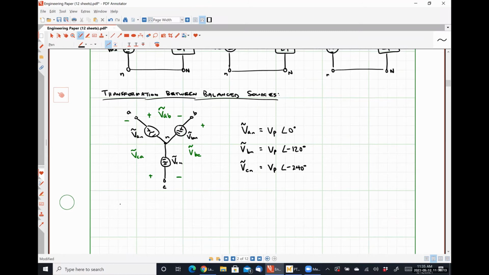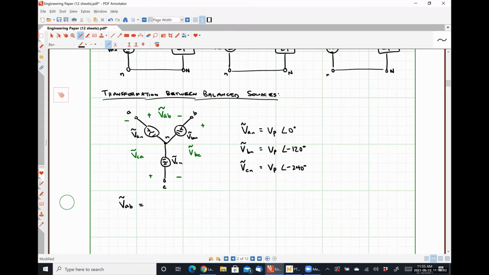Our line voltages, VAB. Let's look at what VAB really represents here, okay? If we were to do Kirchhoff's voltage law around this loop, we would see that VAB is equal to VAN minus VBN. Is everybody okay with that? So we have positive polarity connected to positive polarity. So that's why this guy is equal to this guy. And then we see the negative, so that's why it's minus VBN.